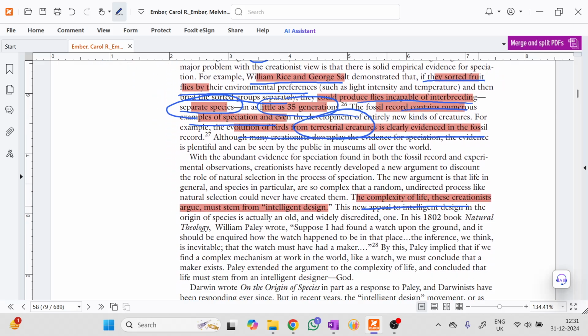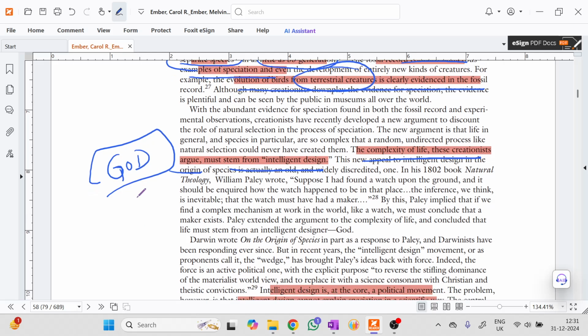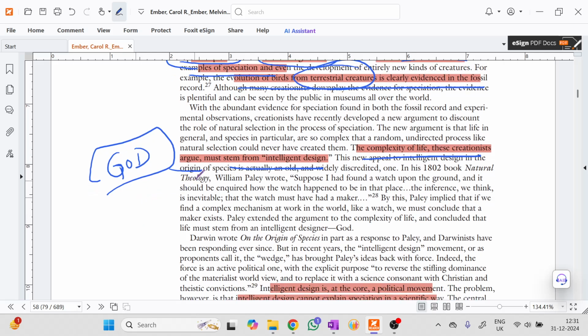The complexity of life, these creationists argue, must stem from intelligent design, which means they are hailing God here. They want to see the footprints of God, and even if they could not see them, they want to derive this idea in theology.